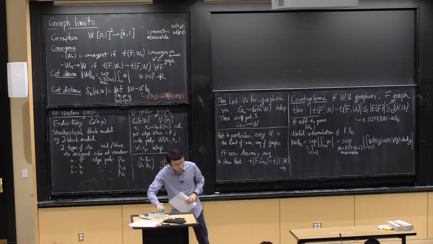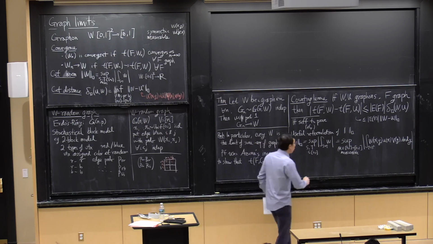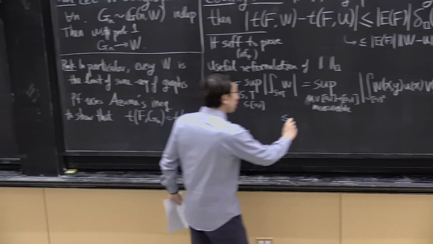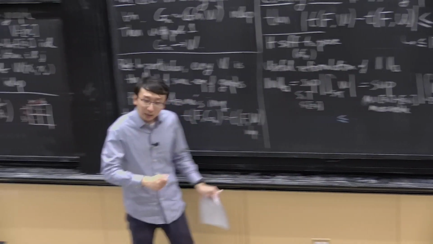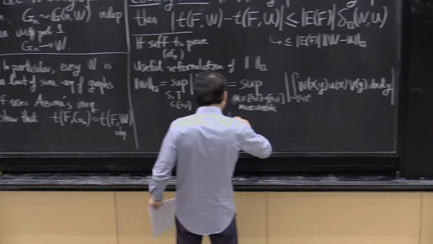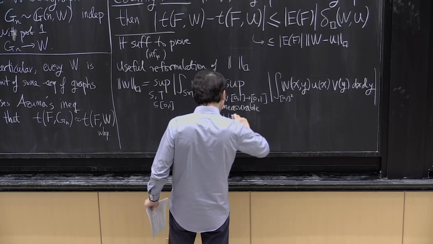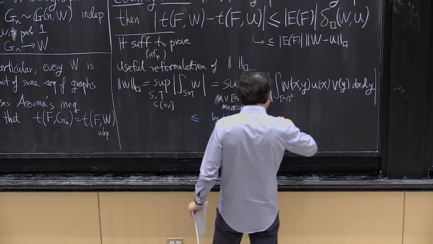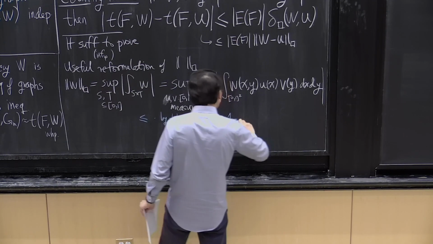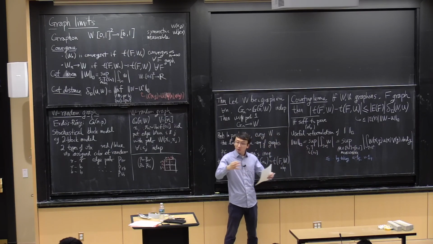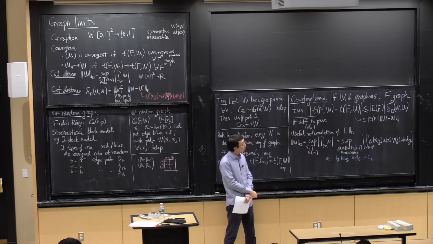Okay, so why is this true? Well, one of the directions is easy to see because the right-hand side is strictly an enlargement of the left-hand side. Right, so by taking u to be the indicator function of S and v to be the indicator function of T, you see that the right-hand side, in fact, includes the left-hand side in terms of what you're allowed to do. But what about the other direction?